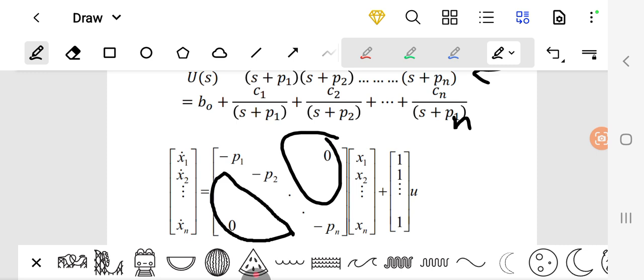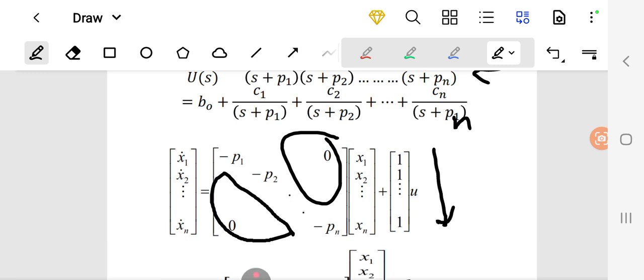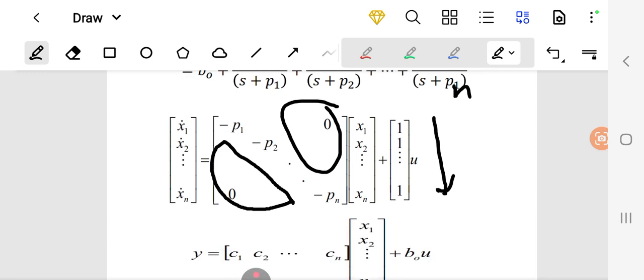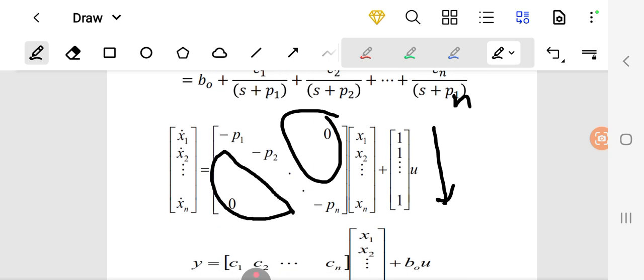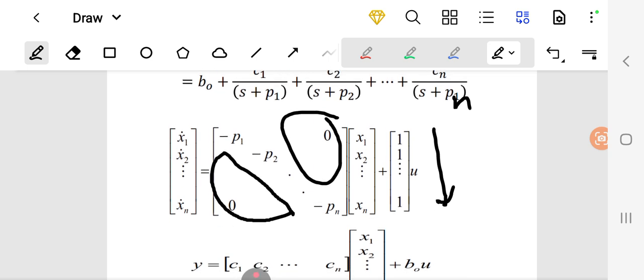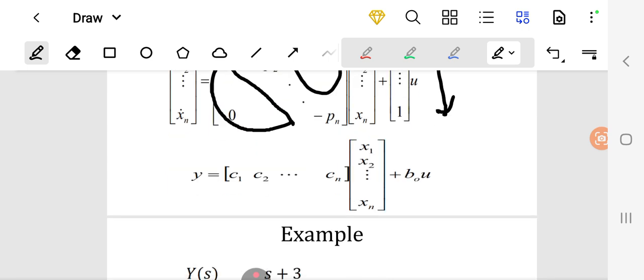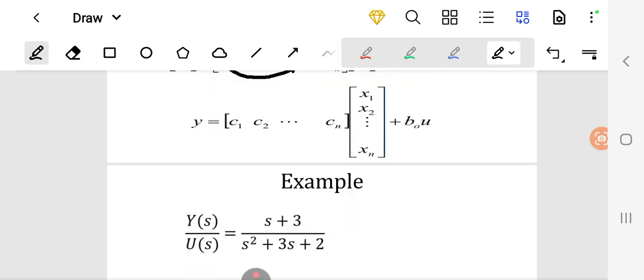For the U, coefficients of B equals all ones, and for the Y, the C matrix equals C1, C2 until Cn times the system states, and for the U we have B naught times U.